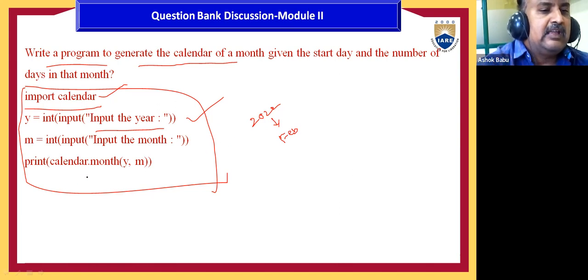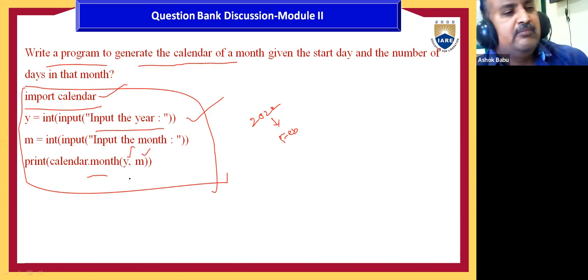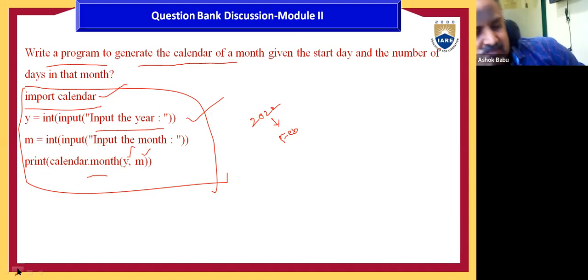Then print calendar dot month of y comma m. Y comma m means year and month. This is a simple program to print the calendar of a particular year and month. Please note the program.